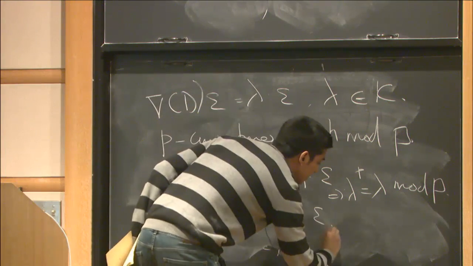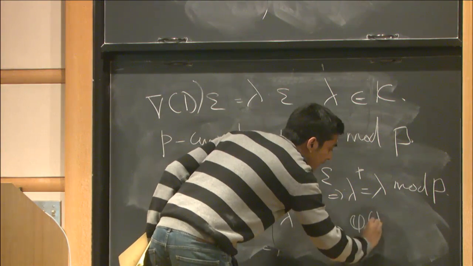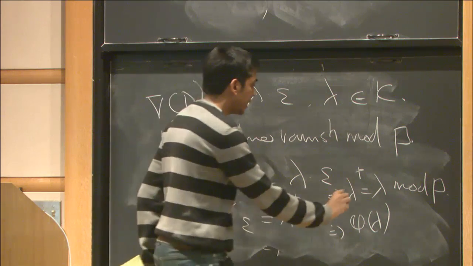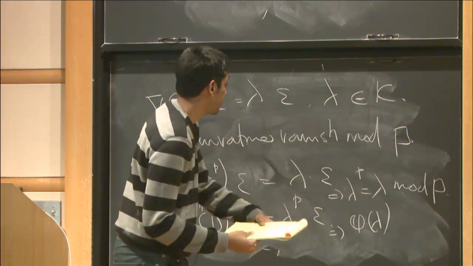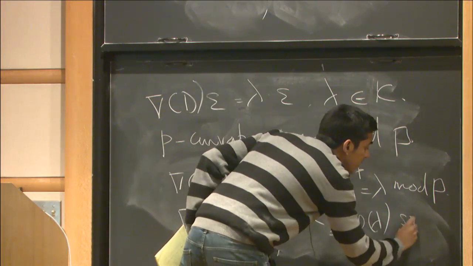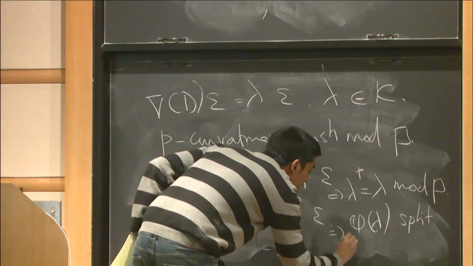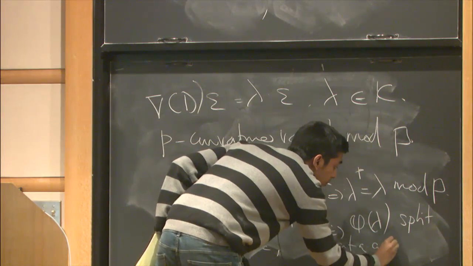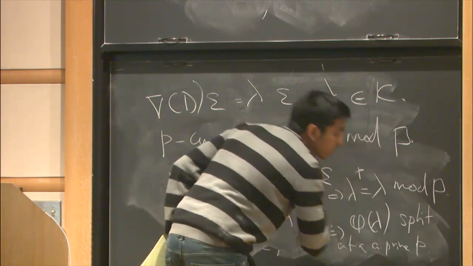This means that lambda mod p is going to lie in F_p. And so if you look at the number field Q(lambda), it is going to be split at almost all primes p.